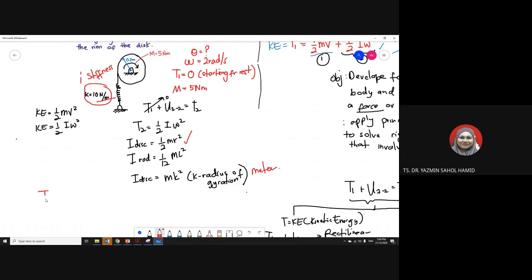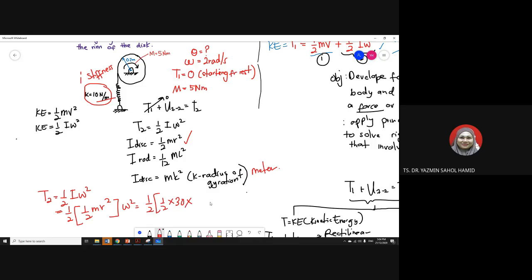Okay, now. So T2 equals to 1 over 2 I omega squared. So 1 over 2 dalam kurungan 1 over 2 mr squared tutup kurungan omega squared. So 1 over 2 kali 1 over 2. Okay, what is the mass of the disk? 30. Okay, 30.